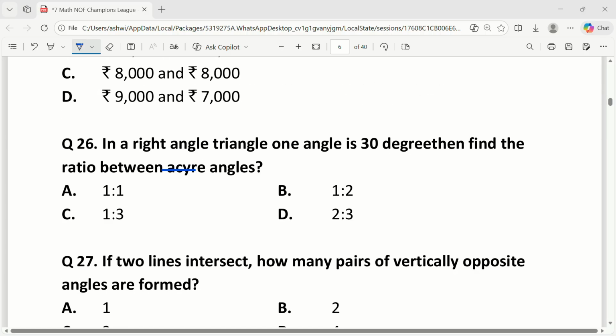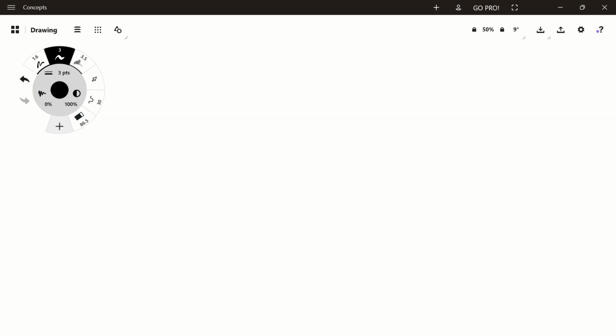26. In a right angle triangle, one angle is 30 degree, then find the ratio between the acute angles. In a right angle triangle, one angle is always 90 degree.